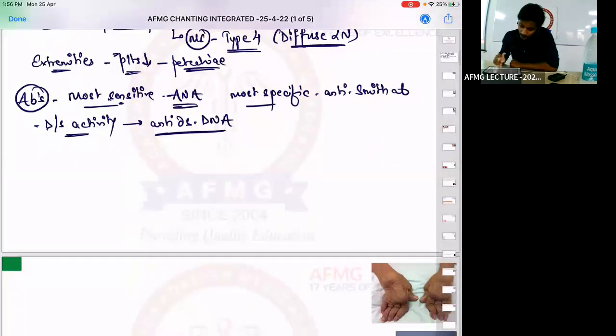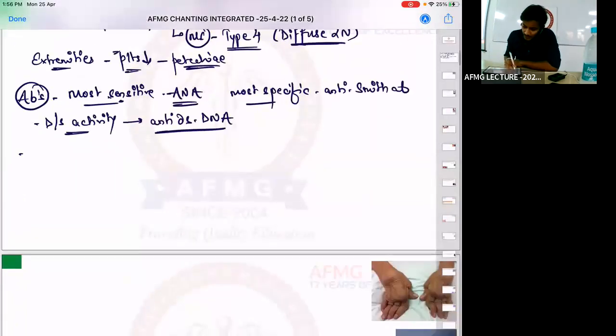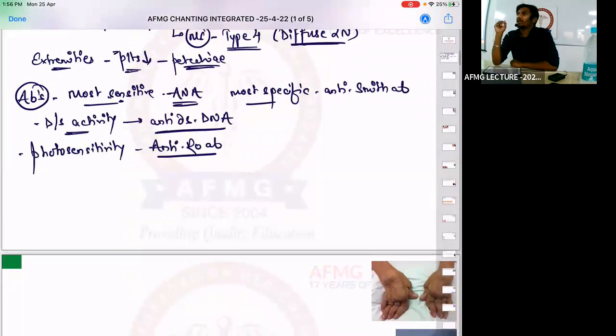Important. Then, which antibody is responsible for photosensitivity? Antibody responsible for photosensitivity is anti-Ro antibody, also called SSA antibody.